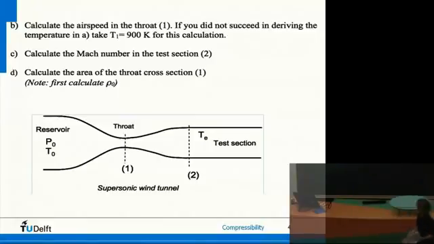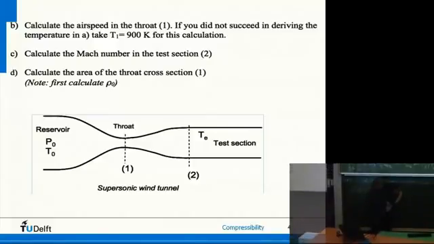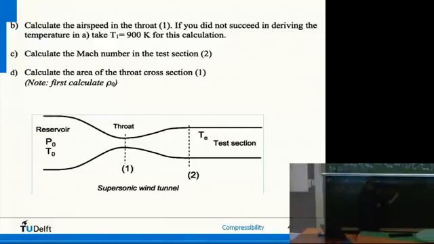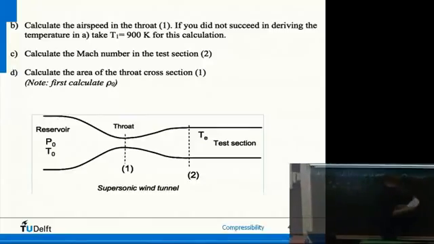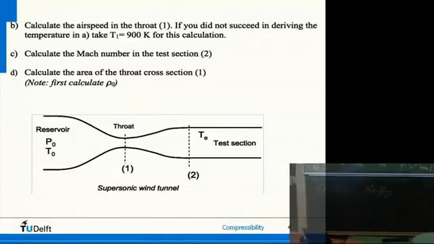Yeah? So mass flow, rho star, A star, V star. We're looking for A star. So that's going to be the area of the throat. Is then mass flow divided by density in the throat, speed in the throat. Do we have the density in the throat, and do we have the speed in the throat? Speed, yes, right?